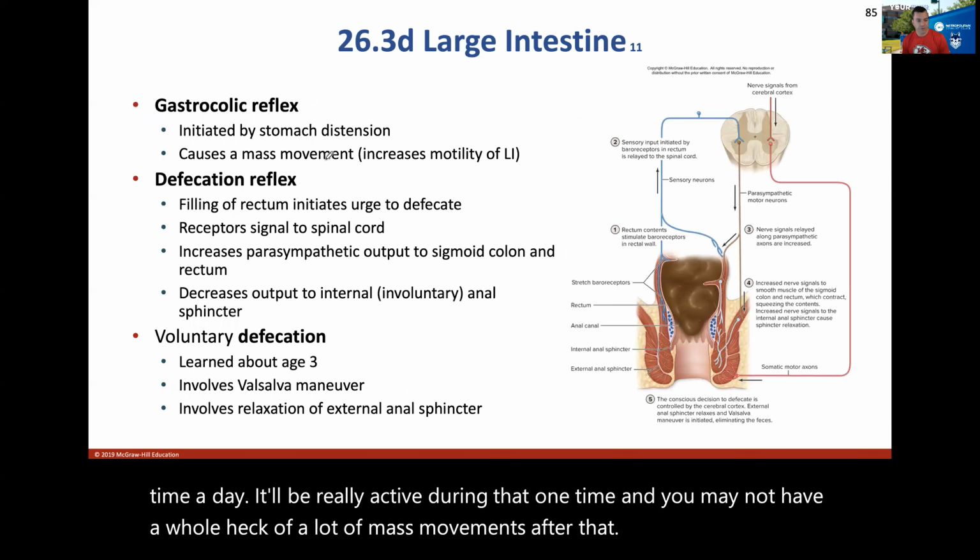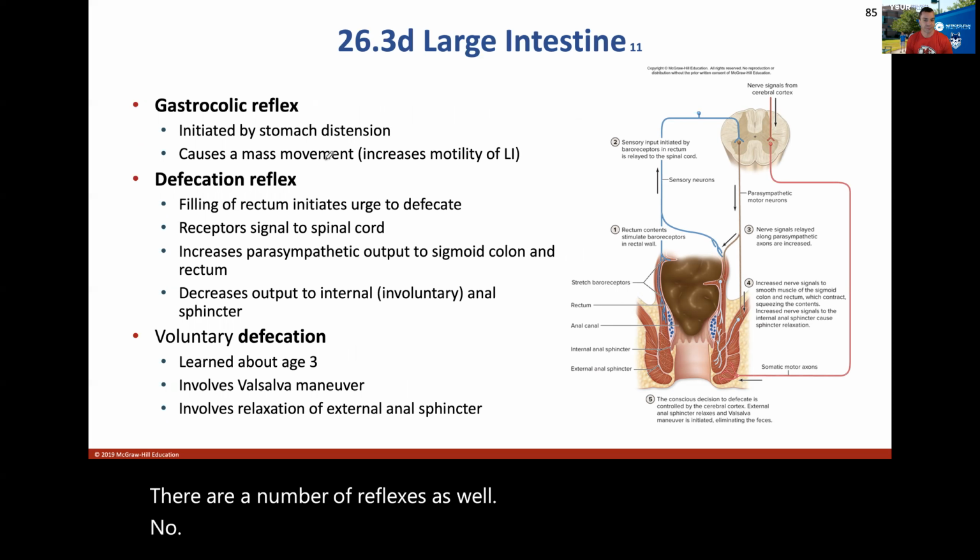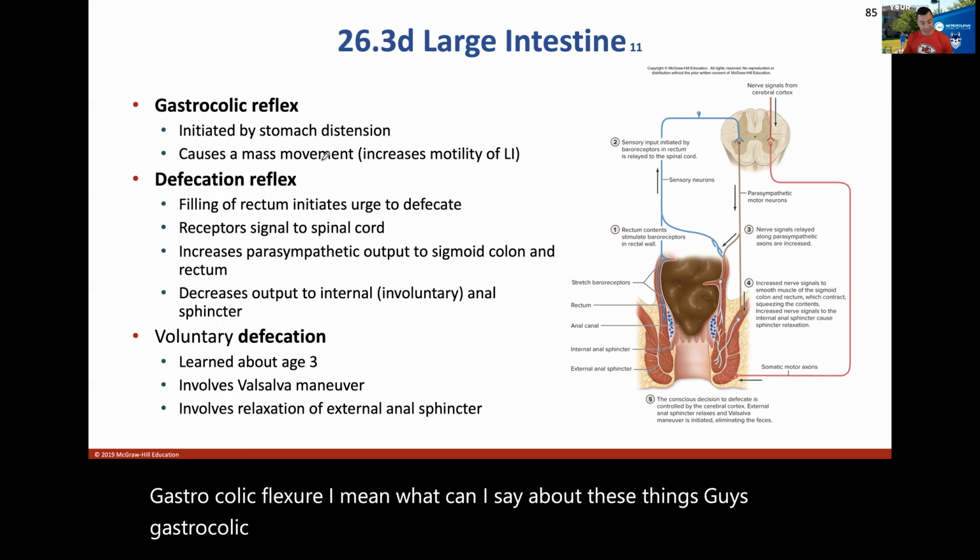There are a number of reflexes as well. Gastrocolic reflex. It begins when the stomach expands as it fills up with food, bolus.